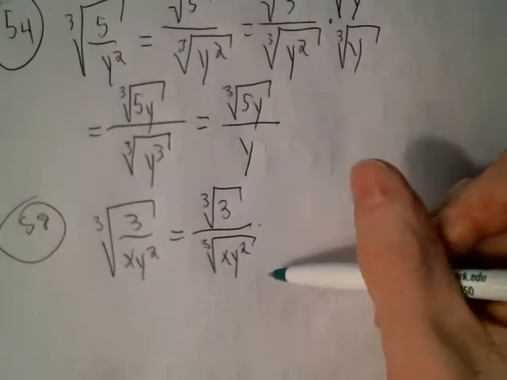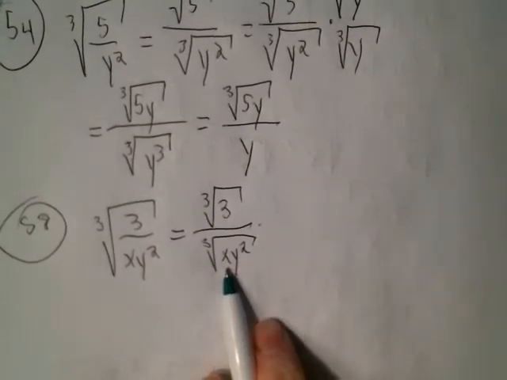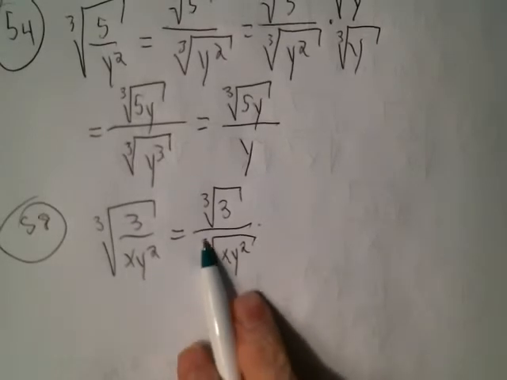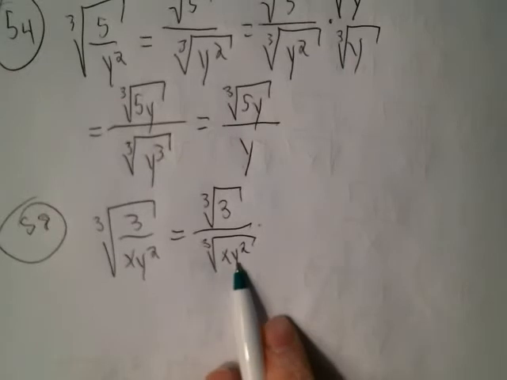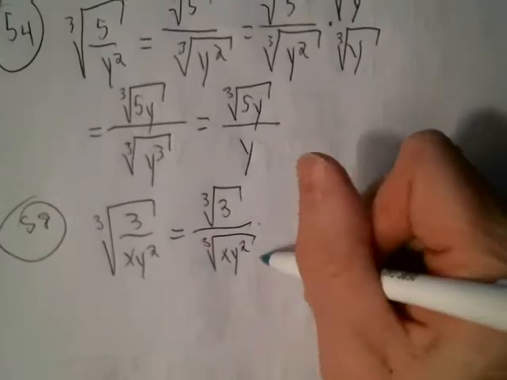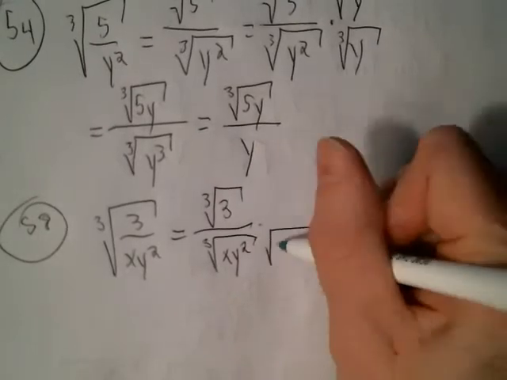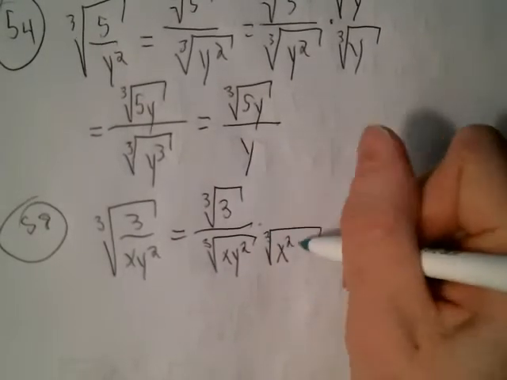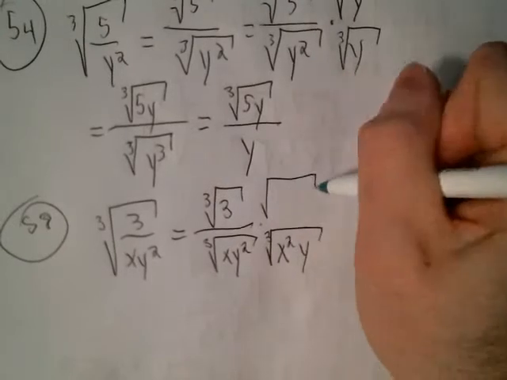Downstairs, if I have x, I'm going to have to multiply in by x squared to get the x cubed. If I have y squared, I need to multiply in by just another y. So it's going to be x squared times y, and top and bottom.